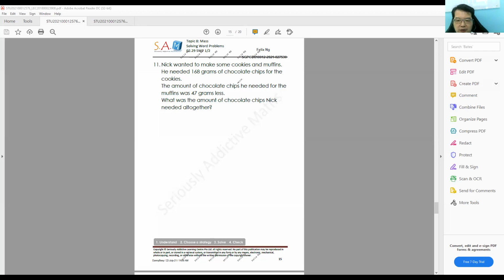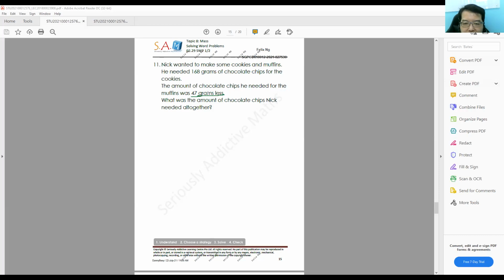What was the amount of chocolate chips Nick needed altogether? Okay, so first of all, stack or single row. Let's look for the words. 47 grams less, so that means it's comparative. There's comparison involved. You draw stack, all right? 2 rows, since there's one for cookies and one for muffins.